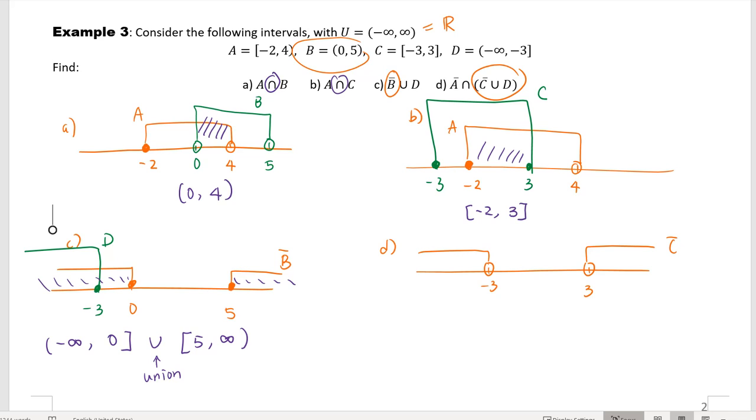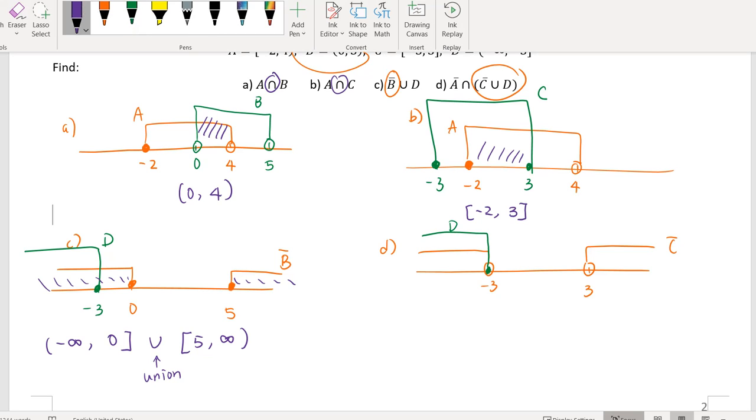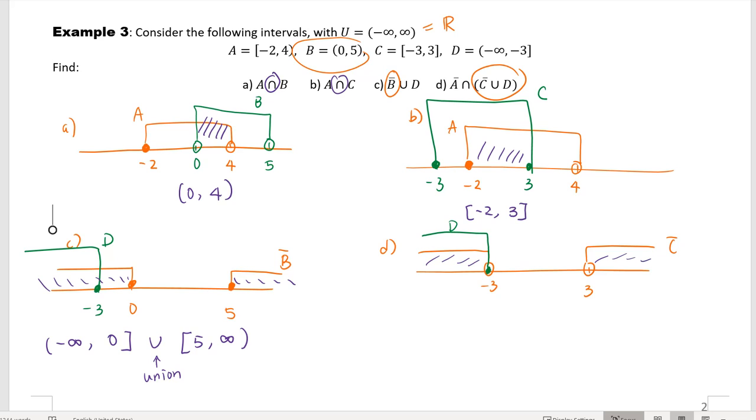D is minus infinity to -3. Here we include -3. When we talk about the union, it's going to be everything under it, and we also include the -3. So it will be minus infinity to -3, notice that bracket, union 3 to infinity. So this is C complement union D.